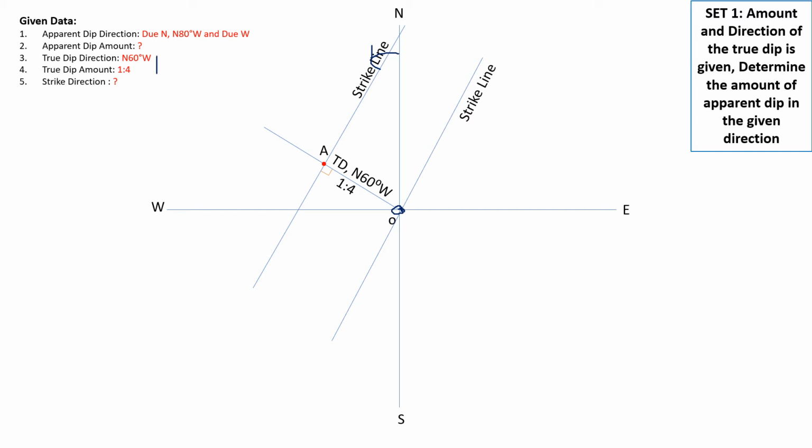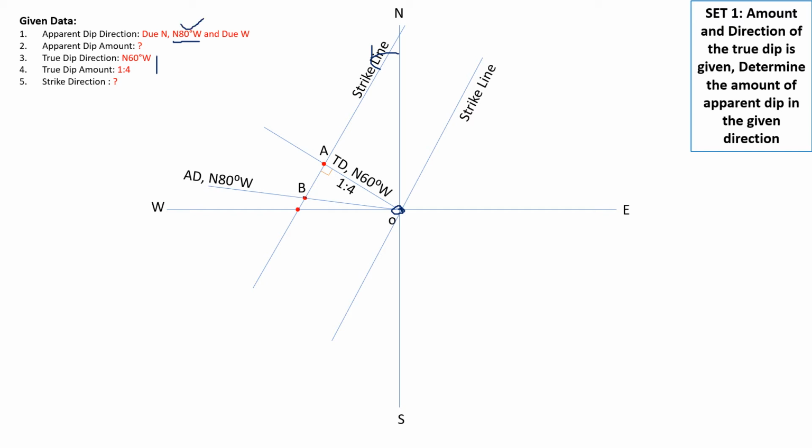Now I'll mark the apparent dip as north 80 degrees west, and wherever it cuts a strike line, that point I'll name as point B. So if I measure the distance OB, I'll get the apparent dip amount along north 80 west.